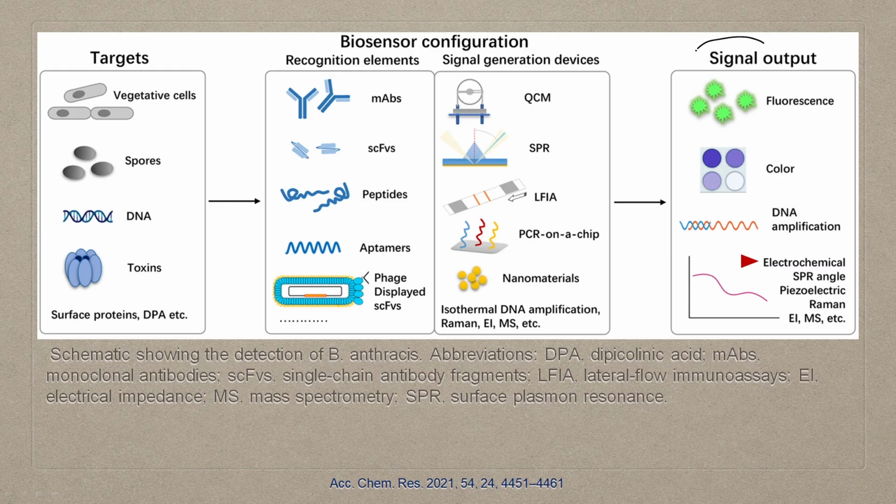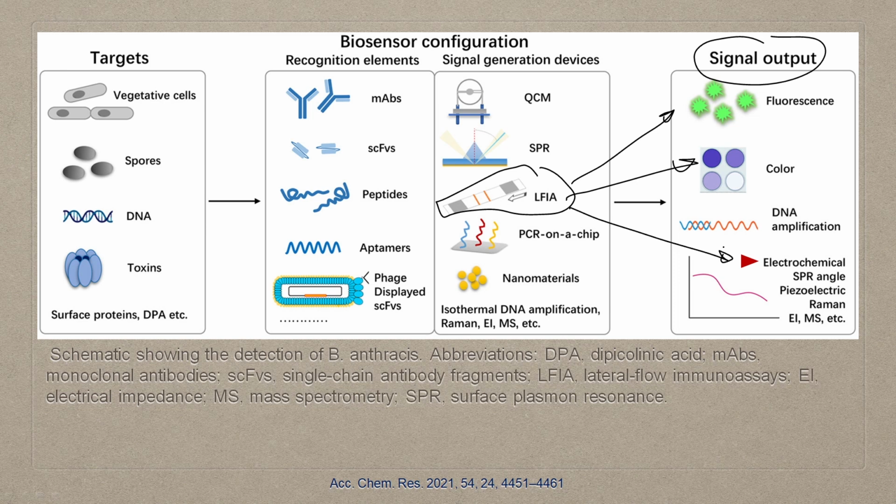Having said this, I will take you back a little into the general scheme of things, so you get an idea. When we are doing these kinds of assays, the actual signal output will be either a fluorescent probe, a change in color, or some kind of electrochemical signature. There has to be some signal output.